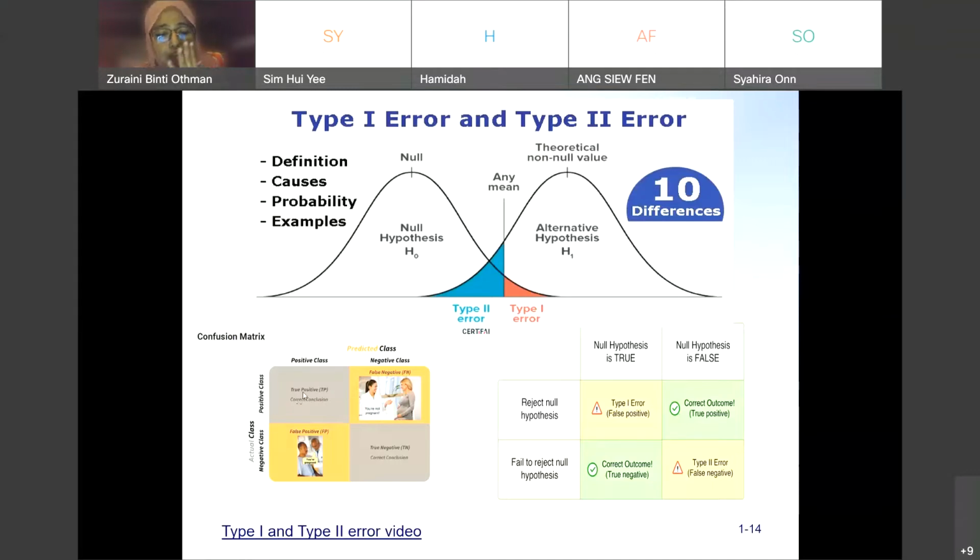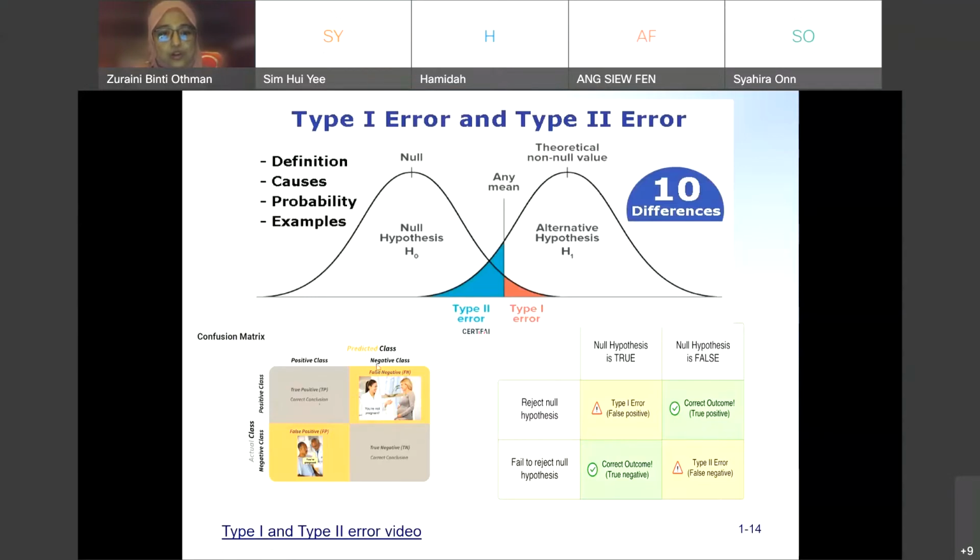If a pregnant lady comes to the clinic and the doctor diagnoses that she is pregnant, it is a true positive, because that lady is pregnant and the diagnosis is she's pregnant.